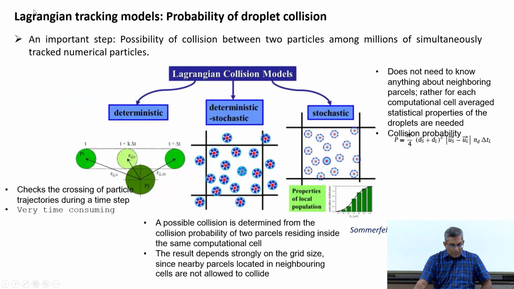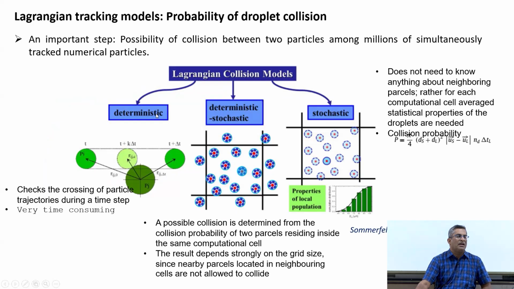So, now coming back to the Lagrangian tracking model, you can use this outcome only when you know the probability of particle collision or droplet collision. So, how do we know that? There are different approaches there itself. One is the deterministic approach.